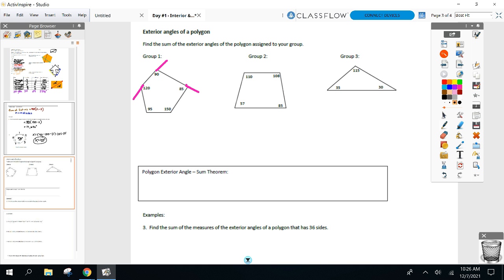You got all 3. What's the relationship between the interior and exterior? They should be supplementary, hopefully. The interior and exterior should be supplementary. They form a straight line. Find all of them in your figure and add them all up.